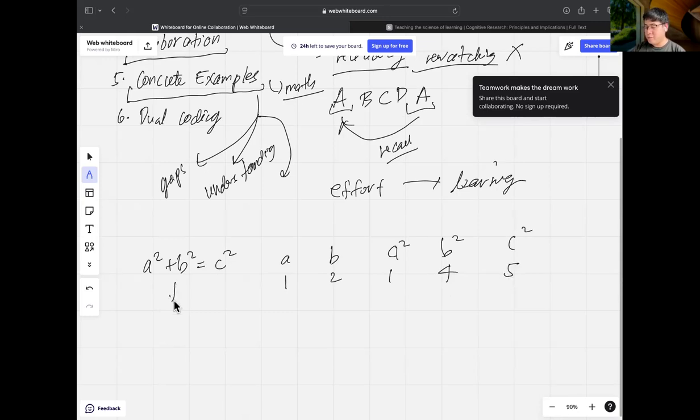And then you relate this to a triangle, right? So this abstract concept, you relate it to something that's more understandable. It actually represents a triangle. And then you give yourself a bunch of examples, like, maybe these are variables, but what if I plug in actual numbers?